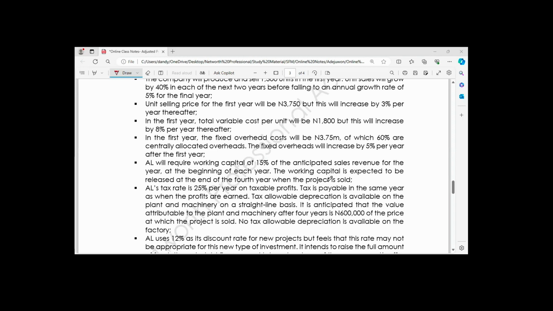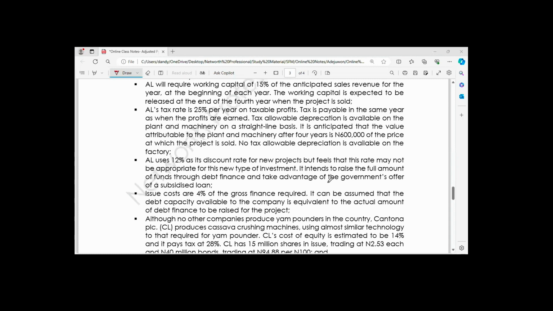AL uses 12% as its discount rate for a new project, but feels that this rate may not be appropriate for these new types of investment.